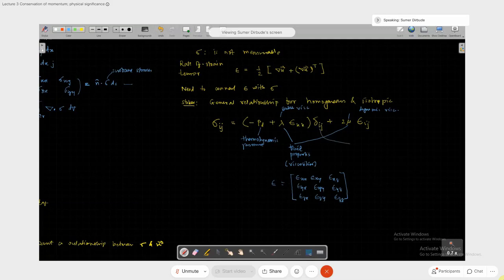Delta ij is called the Kronecker delta. The Kronecker delta has the property that delta ij is equal to 1 when i is equal to j.